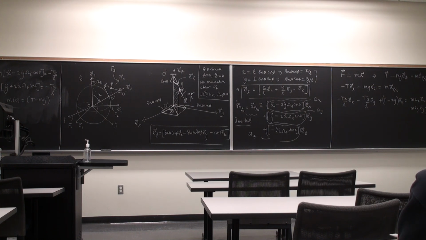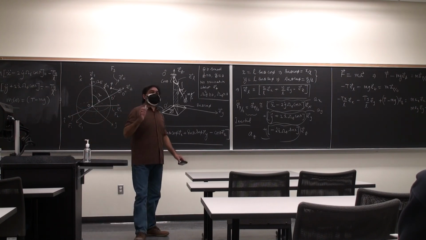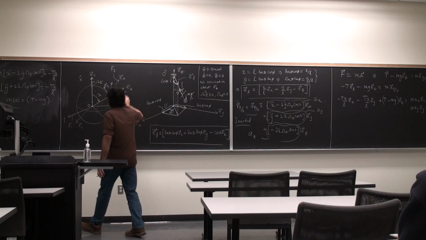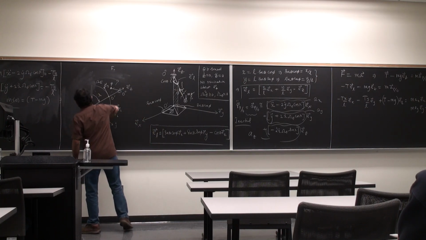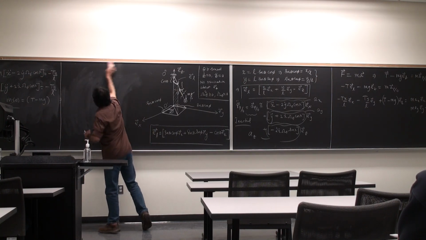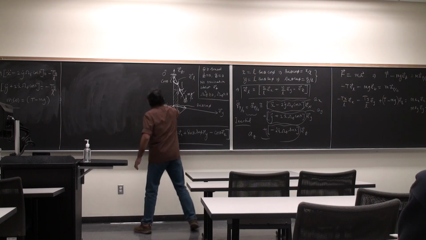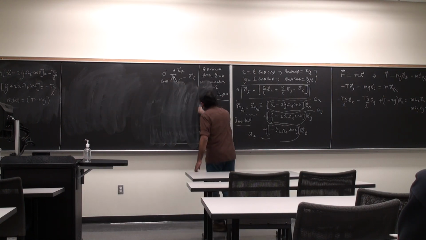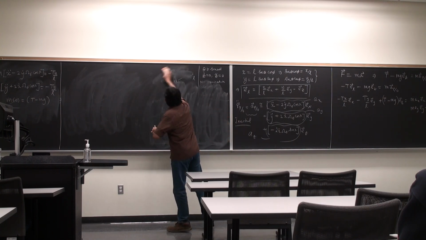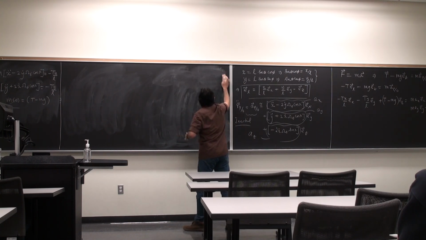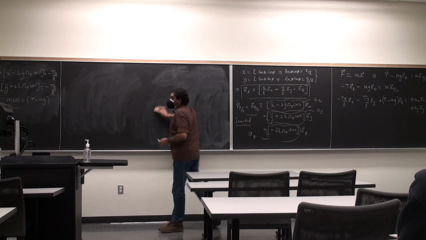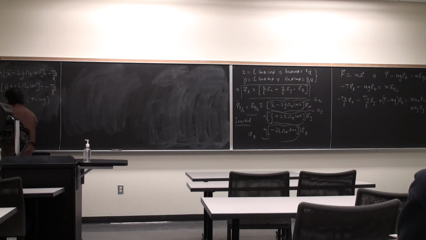Okay. So m times 0 is gone, which tells me that T is equal to mg. This is great news. I can get rid of the tension and substitute it equal to mg. This is an order of magnitude analysis.